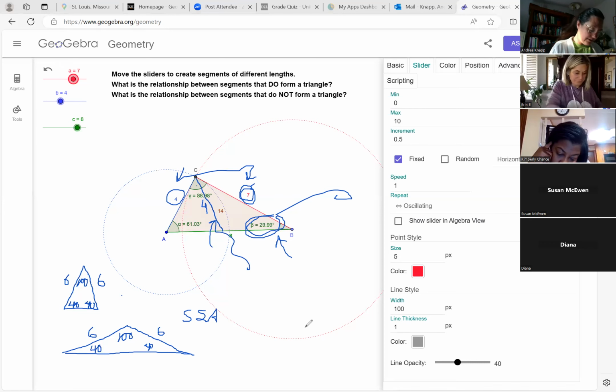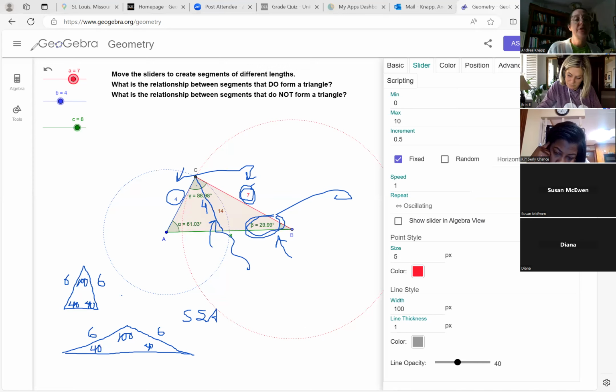Okay, number 11. Use any tool to draw a triangle ABC in which BC is greater than AC. Measure the angles opposite BC and AC. Compare the angle measures. And repeat for a different triangle. What did you find? Okay, let's use GeoGebra here.